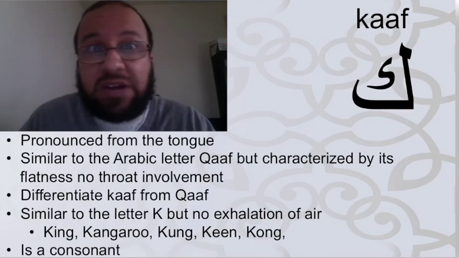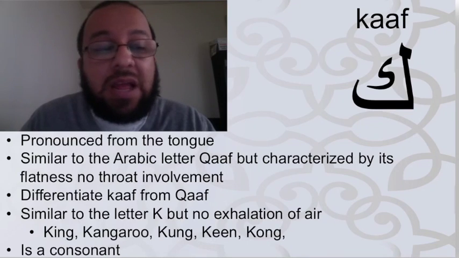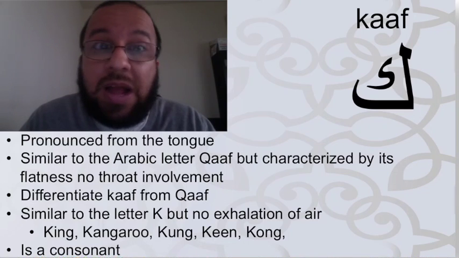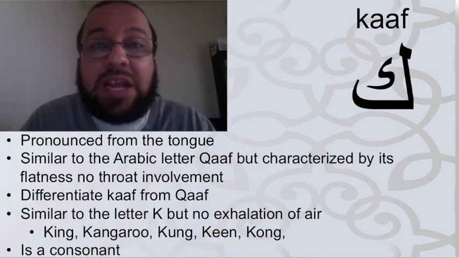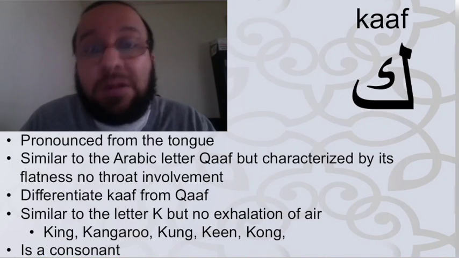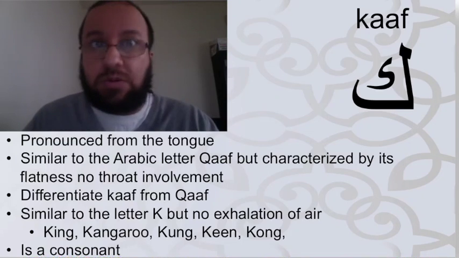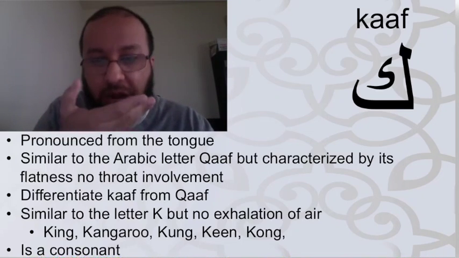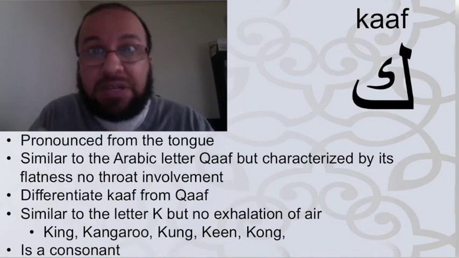Notice when I pronounced these letters, I did not exhale. I didn't say king, I said king. I didn't say kangaroo, I said kangaroo. I didn't say kung, I said kung. I didn't say keen, I said keen. I didn't say kong, I said kong. Notice that exhalation is not present in this letter.